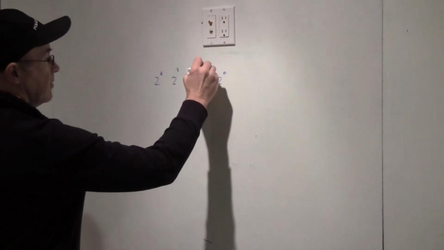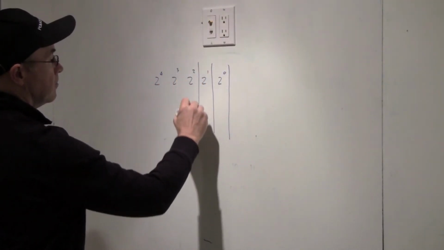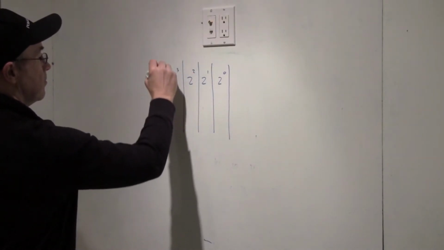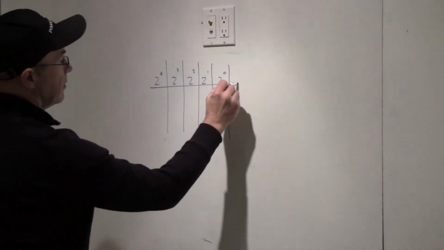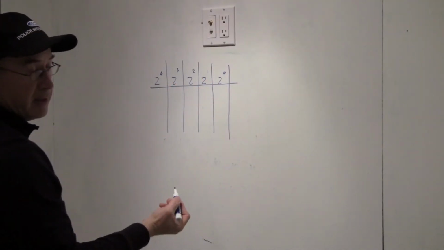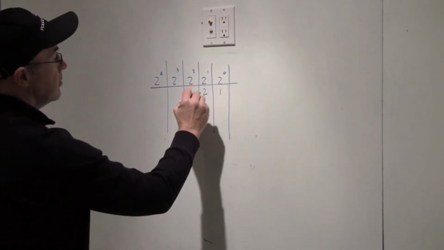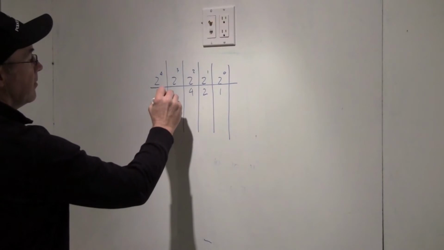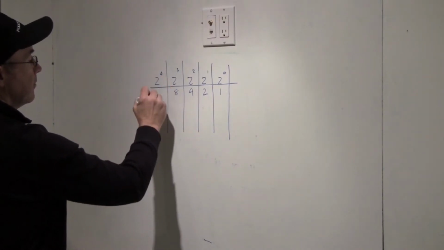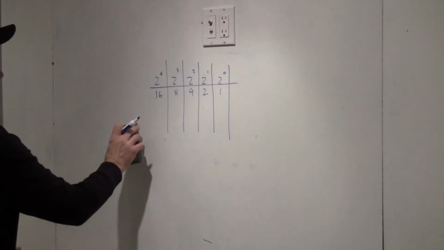But if we separate those into columns here, anything to the 0 power is 1, so 2 to the 0 is a 1. 2 to the 1 is 2. 2 to the 2nd power is 4. 2 to the 3rd power is 8. 2 to the 4th power is 16. It keeps going.